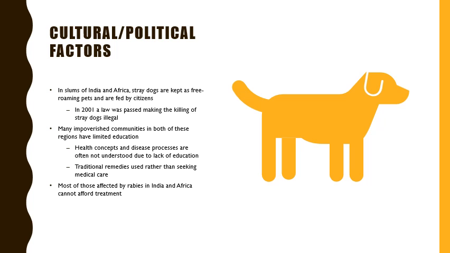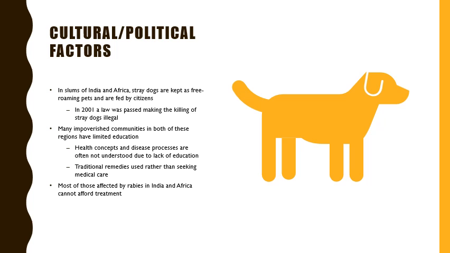So when we consider how we can reduce the incidence of rabies in places like India and Africa, we definitely have to consider the cultural and political factors, also religious beliefs, things like that, that can affect the way we should approach these challenges. A big part of that is, we're looking at the stray dogs being the real carriers for rabies here.